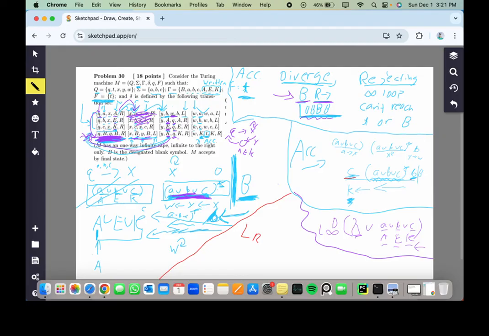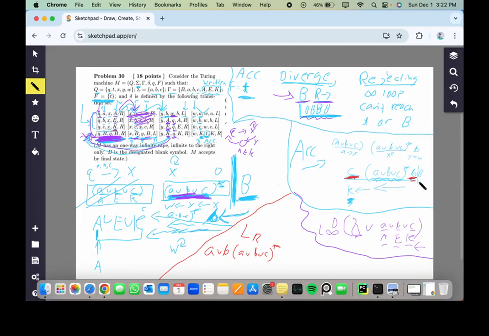This one's actually quite easy because it's only two cases: strings that don't start with a C and strings that don't end with a B. So if we have a string that doesn't start with a C, any string that starts with an A or a B, this will make sure that we don't have a K, thus meaning we'll never accept. It doesn't even matter what comes after, right?